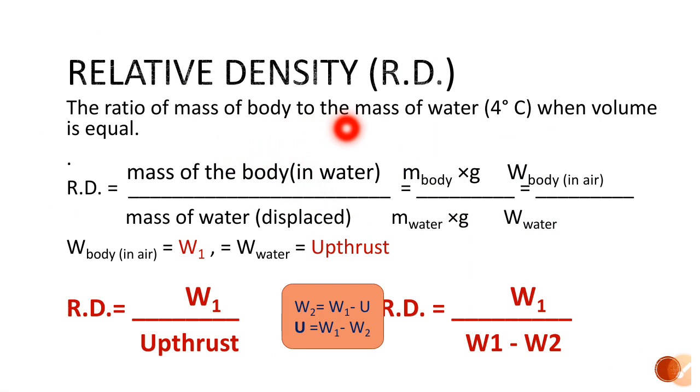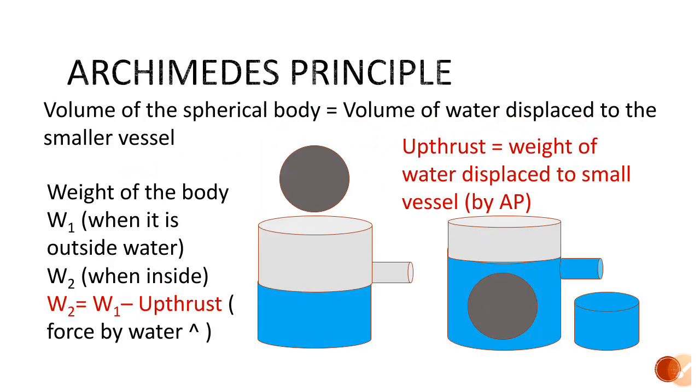Another definition of relative density is the ratio of the mass of a body to the mass of water at 4 degrees Celsius when both are taken in equal volume. In the previous example, the volume of this spherical body is the same as the water displaced out.